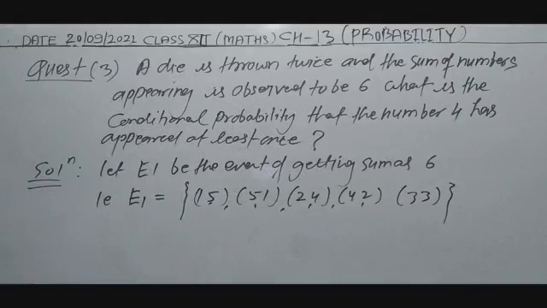This is the event, and there are 5 outcomes: (1,5), (5,1), (2,4), (3,3) and (4,2).